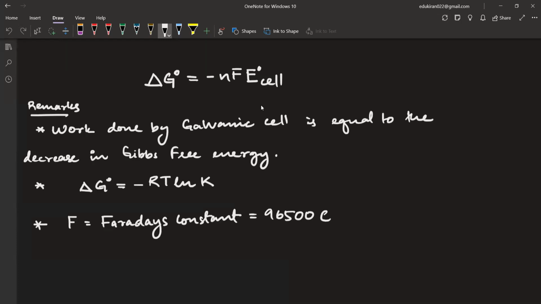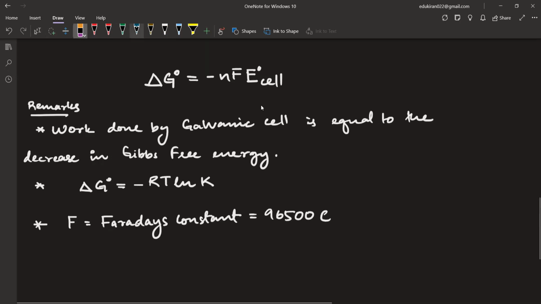So whenever we write some type of reaction that copper 2 plus and zinc is giving you zinc 2 plus and copper, then when we say that there is the transfer of 2 electrons, what does it mean? It means that there are 2 moles of electron which are getting used in each reaction instant. Okay, so that is why we have the charge in terms of 1 mole of electron.